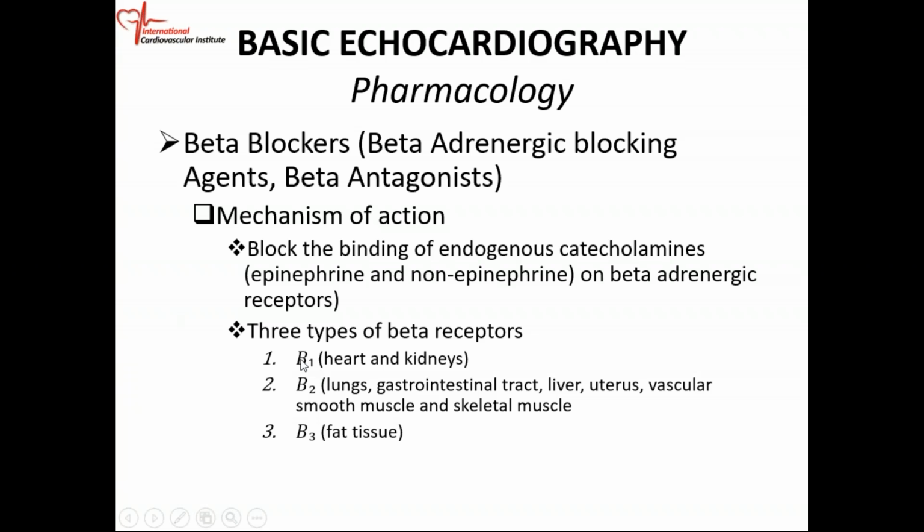If you stimulate the beta 1 receptor, you get increased heart rate and the heart contracts stronger. Whereas your beta 2 receptors are in the lung, gastrointestinal tract, and these different organs. So if you stimulate the beta 2 receptor in the lung, the bronchioles dilate.